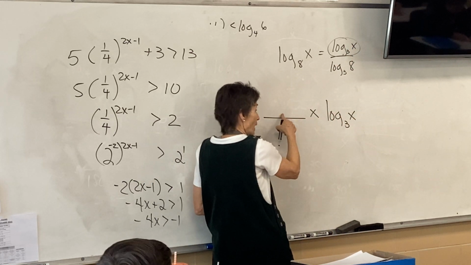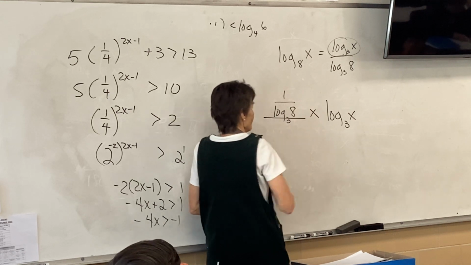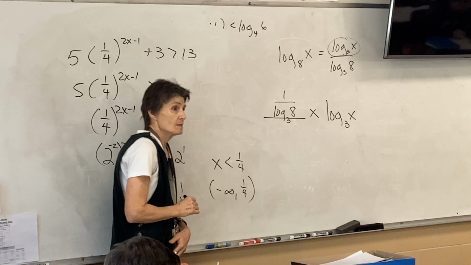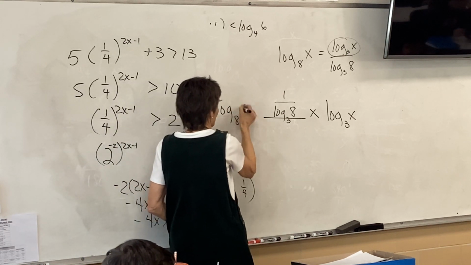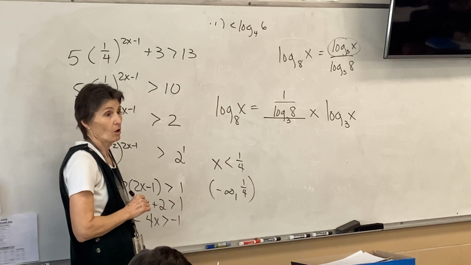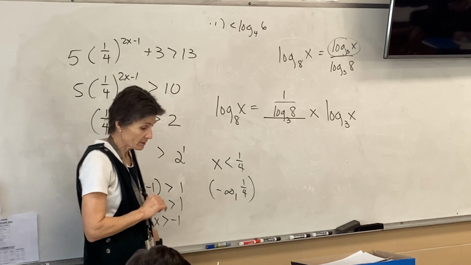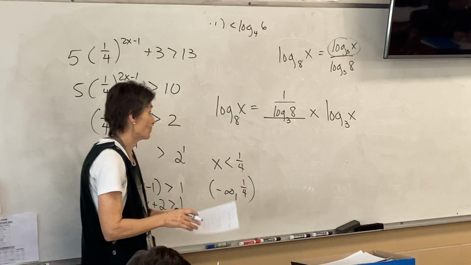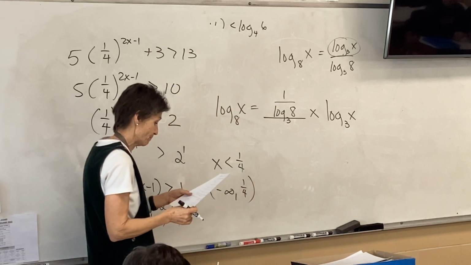What's my multiplier? 1 over the log base 3 of 8. So now it's written as a vertical dilation of the log base 3 of x. No calculator on tomorrow's quiz, so you can't figure this number out. You'll just have to leave it like that.